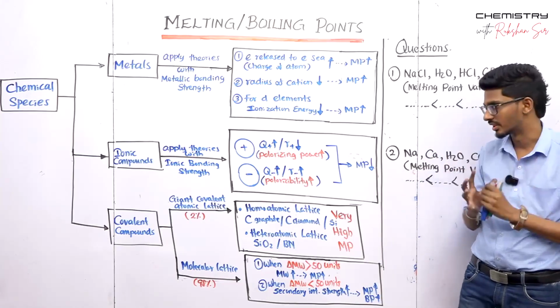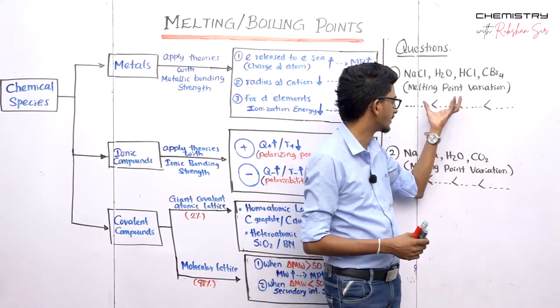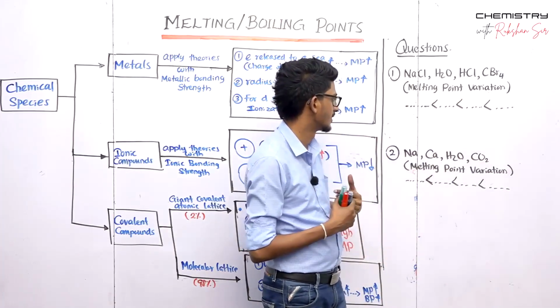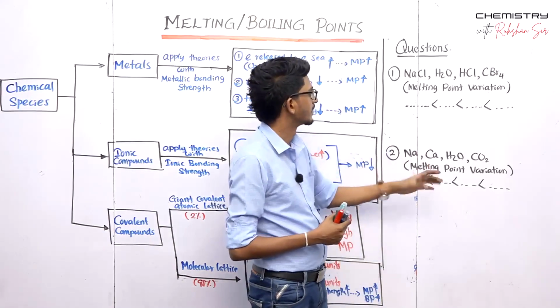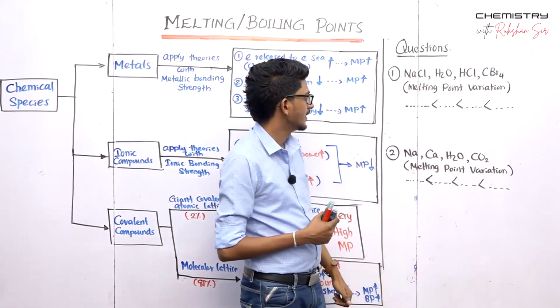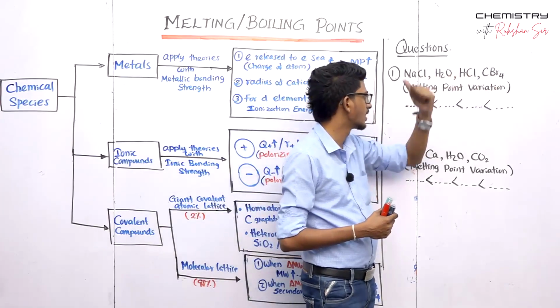Let's use this to comment on this kind of question and come up with a better answer. Let's use the things we have learned. In this one, we have to compare NaCl, H2O, HCl and CBr4.